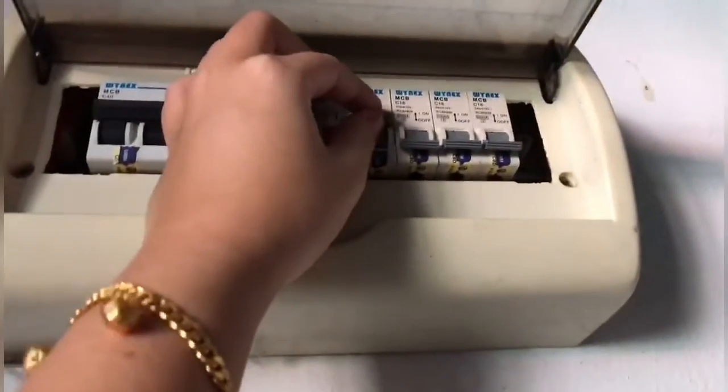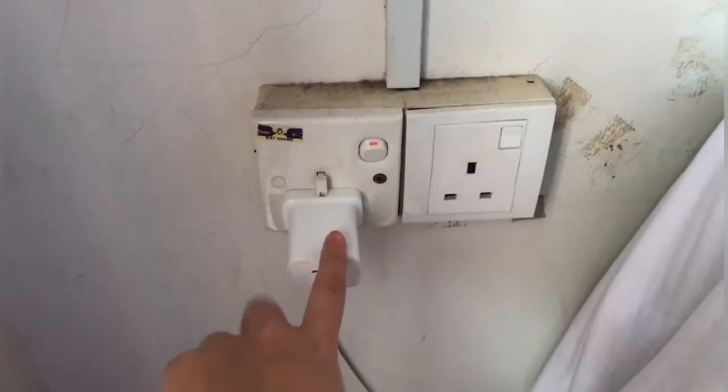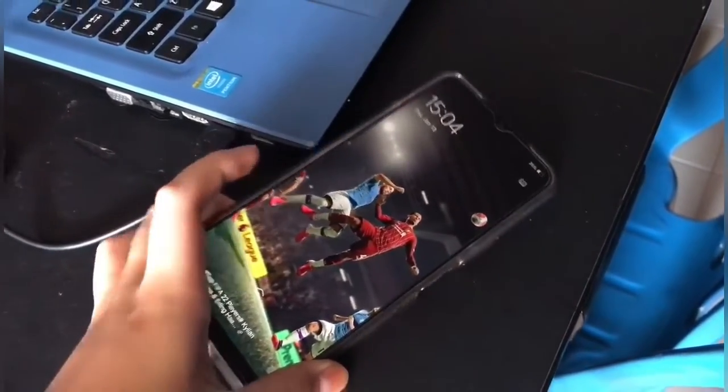But when I switch off MCB number 3, even though socket number 1 is still on, my phone is not connected to the charger.